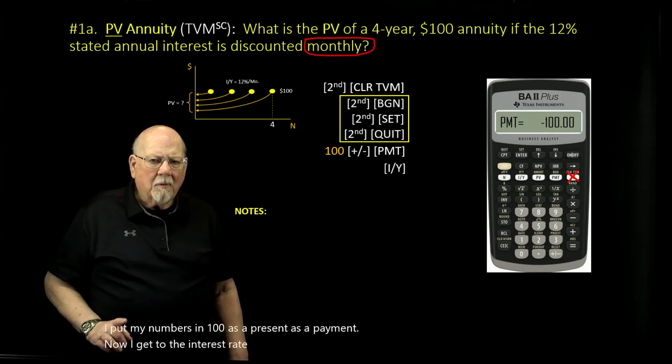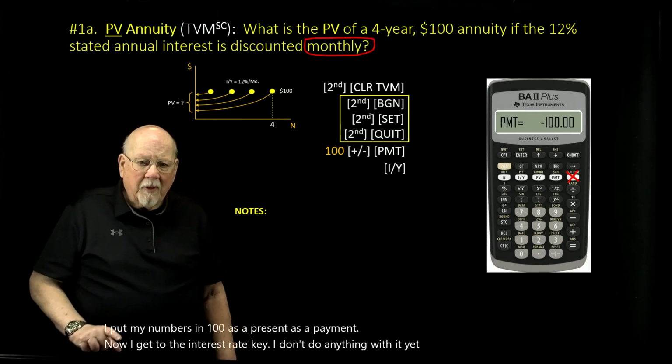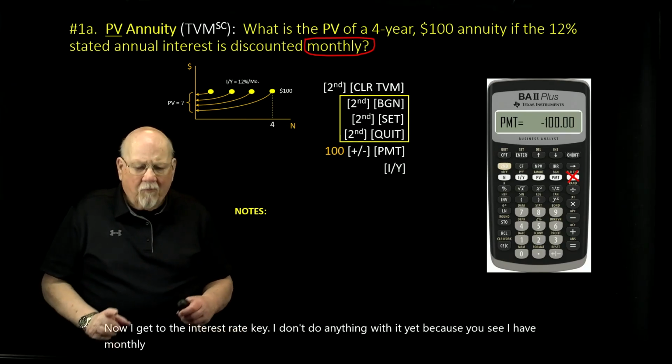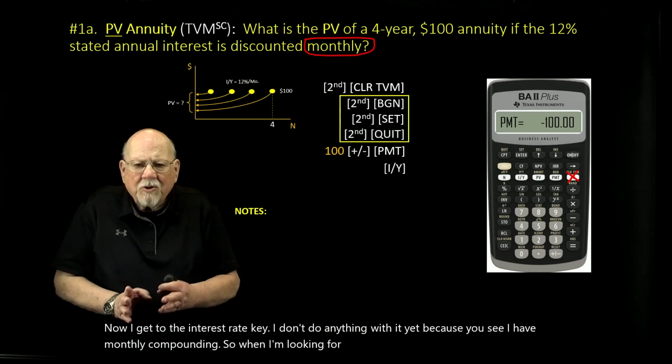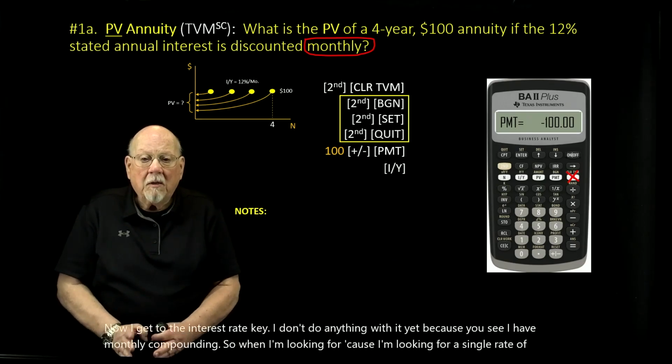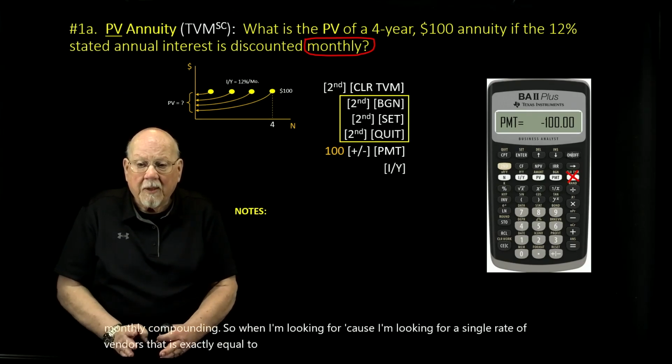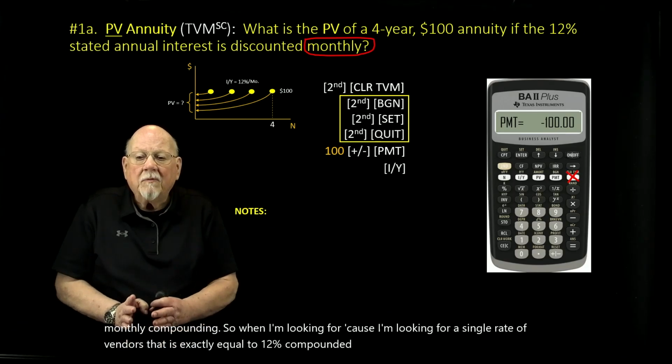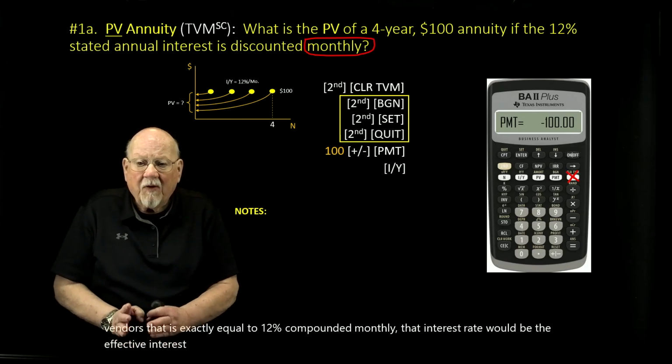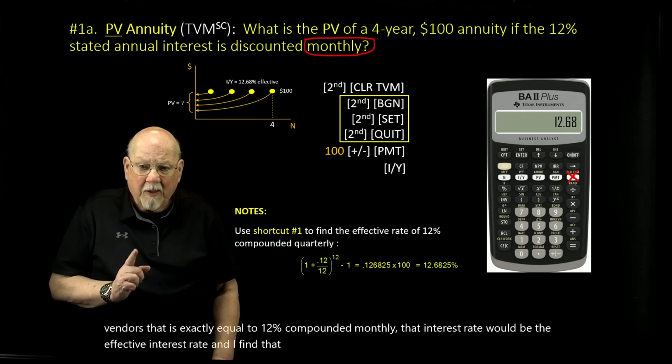I don't do anything with it yet because you see I have monthly compounding. So what I'm looking for is a single rate of interest that is exactly equal to 12% compounded monthly. That interest rate would be the effective interest rate. And I find that effective interest rate this way.